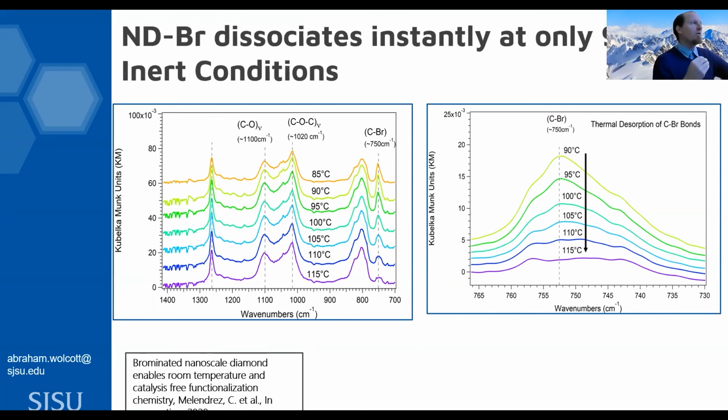So overall, this isn't behaving like a normal 1-bromo-adamantane sample. The stability of the carbon-bromine bond is much, much different than what we would expect through normal small molecule chemistry. And this is quite confusing unless you take into consideration the fact that we have this highly sterically hindered surface, the surface of the diamond itself.